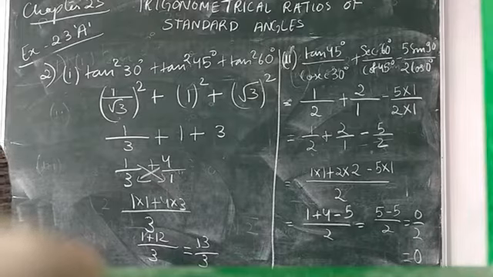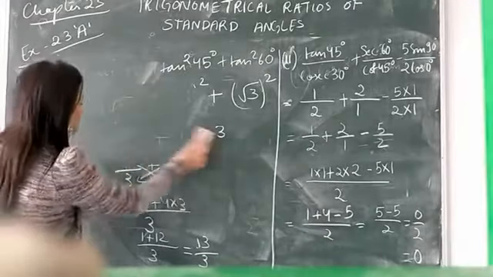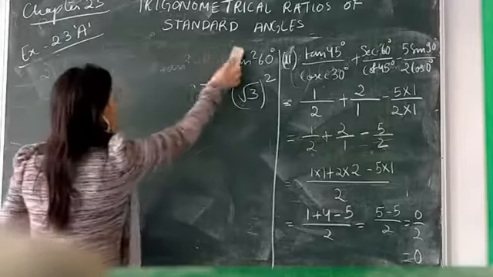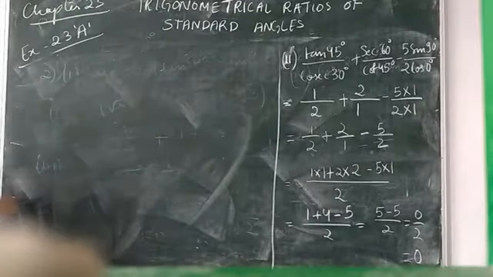proving parts. So what do we have in question number 3? We have to just prove that what is on the left hand side should be equal to the right hand side.